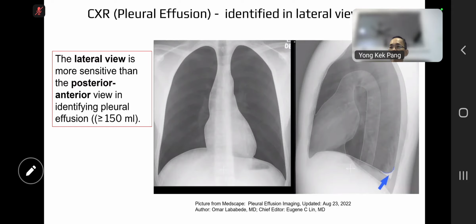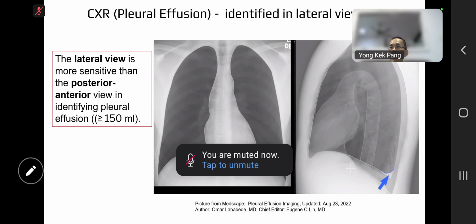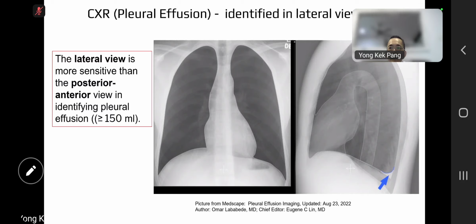So you can see that if you do a lateral view, it is much more sensitive. So my preference is always to do a lateral view as well for any chest infection or other abnormalities. Because sometimes PA view might be good as a screening tool, but it is not so good when you are trying to identify the underlying diseases or pathology.